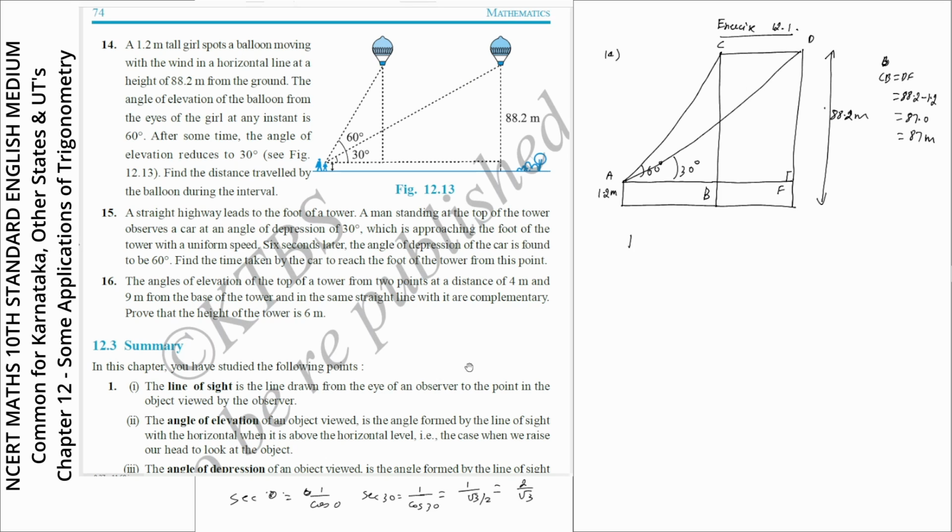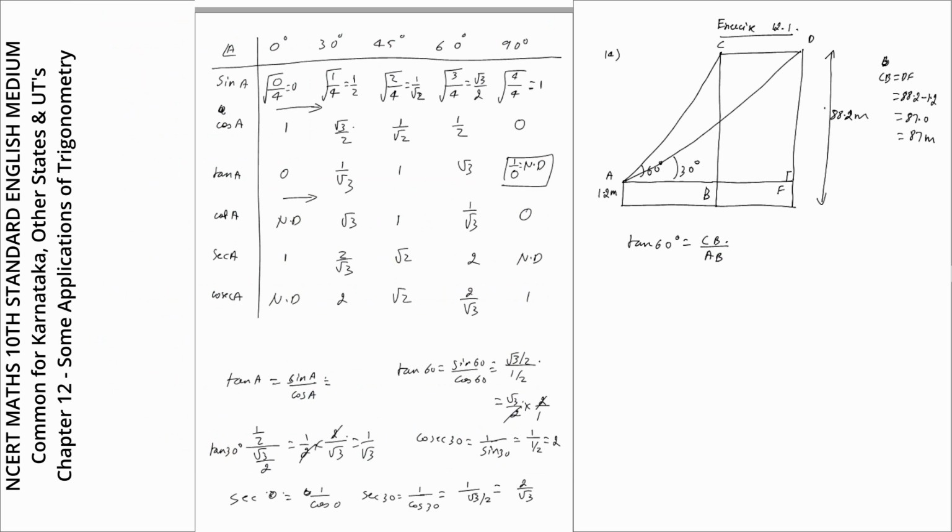Now what is tan of 60 degrees? Tan of 60 degrees is opposite by adjacent, that is CB by AB. The value of tan 60 degrees, in the chart you can see, is √3. So √3 is equal to CB, the value of CB is 87 meters, by AB.